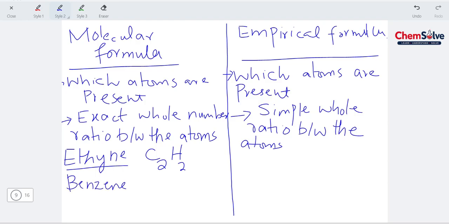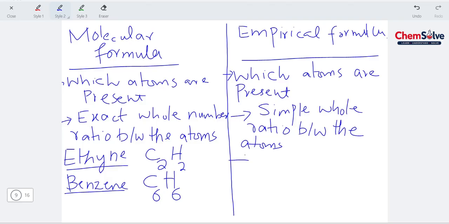Let's see the molecular formula of benzene. It is C6H6. Okay, from this formula we are getting the information that there are two atoms again, one is carbon and the other is hydrogen, but the ratio between carbon and hydrogen is that there are exactly 6 carbon and exactly 6 hydrogen here.